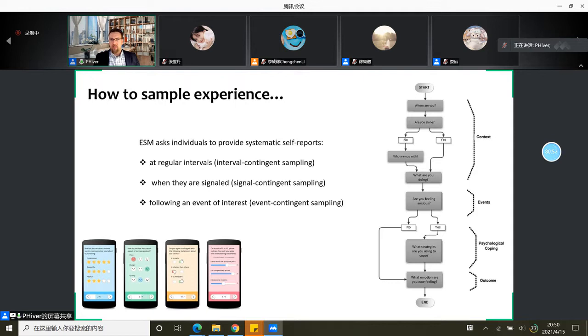Now, the way it does this usually is with a smart device. You can imagine a PDA, a cell phone, or some kind of smartwatch. And on the right-hand side, you can see what the researcher uses to collect this experience. On the right-hand side is what's called an experience sampling form. So an experience sampling form kind of looks like a contingency table, right? A process table.